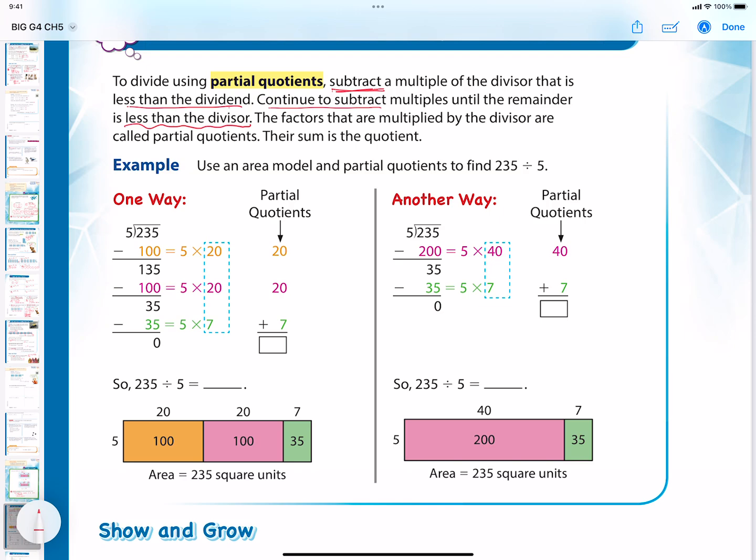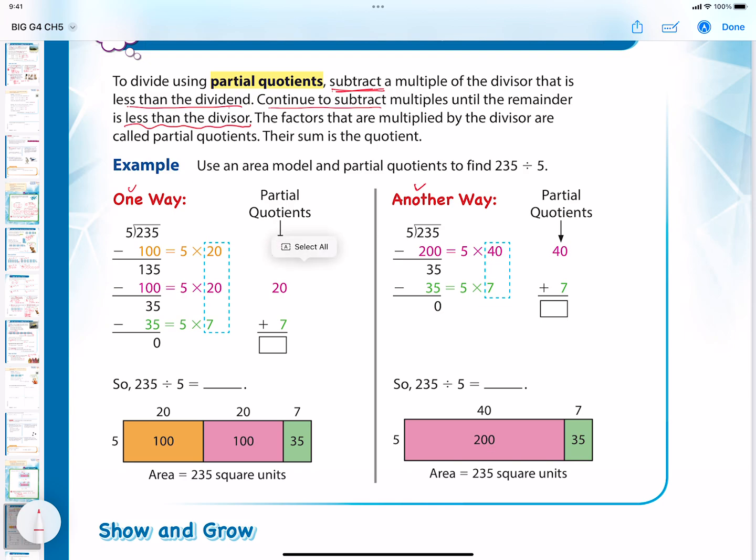Now, let's look at this example. We are going to use an area model and partial quotients to find 235 divided by 5. We have two different ways, but they are similar strategies.